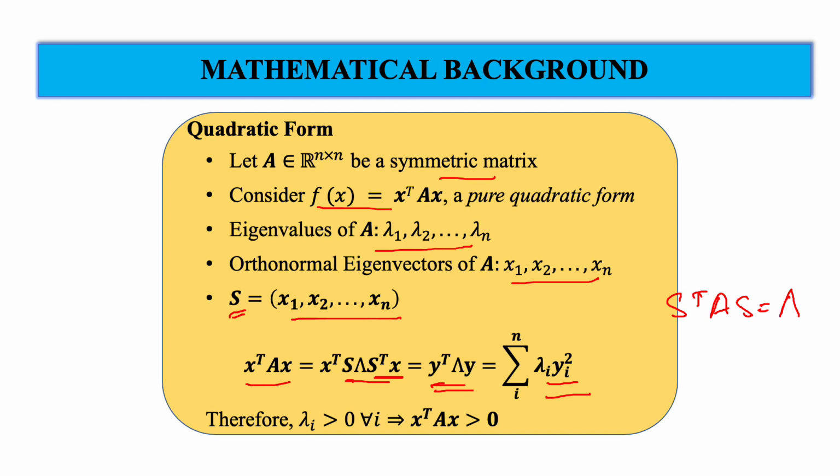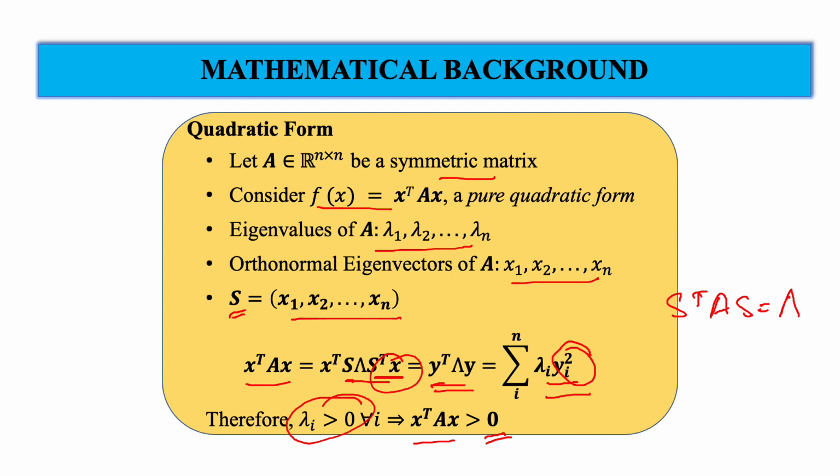So if the lambdas are positive, then we have x transpose Ax greater than 0, because yi square is always a positive quantity, since y is obtained using S transpose x.